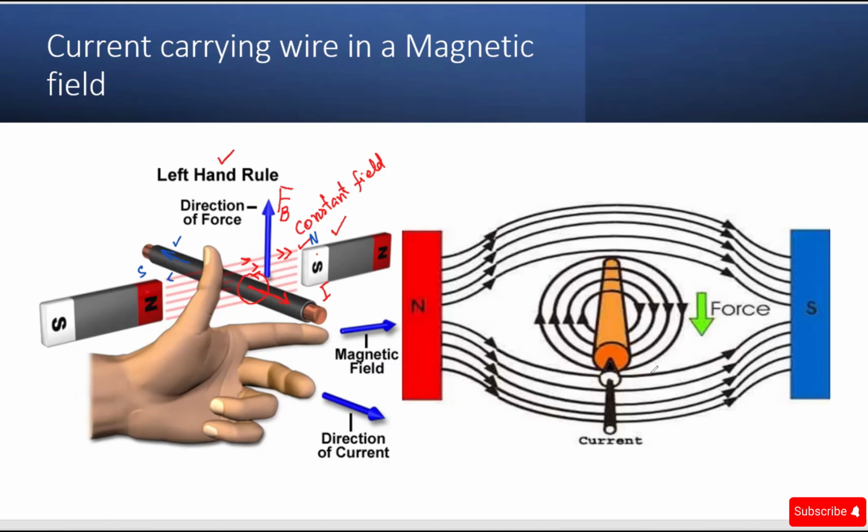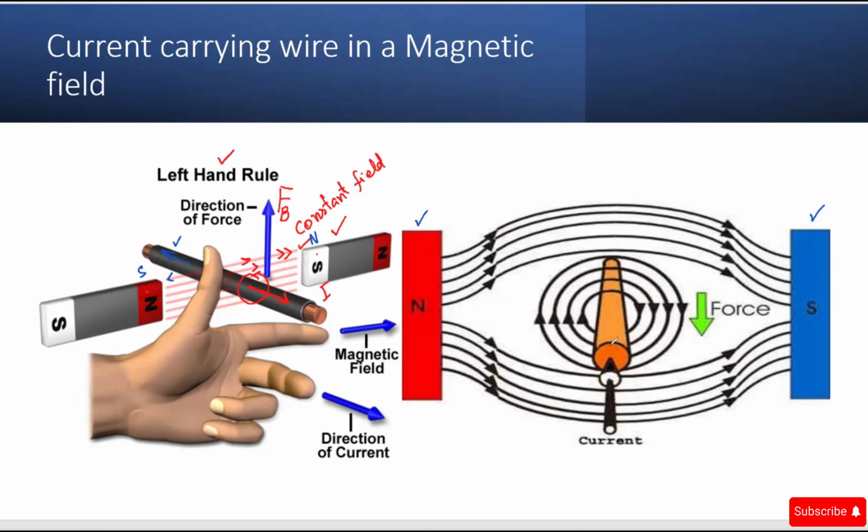And before going to the mathematics of magnetic force, let's visualize this force. Here we have a permanent magnet with a north and a south pole, and between these poles we have a magnetic field and a wire, and the current is going into the screen.